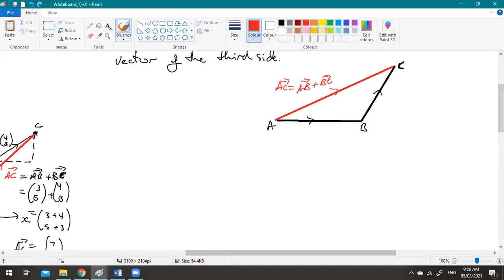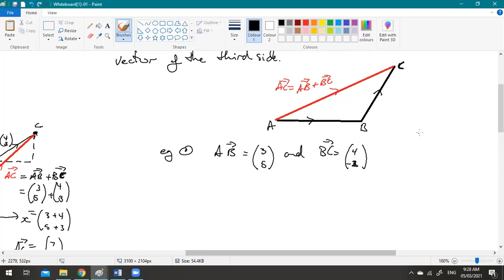So if we have an example again, 3, 5, 7, 8, 9.